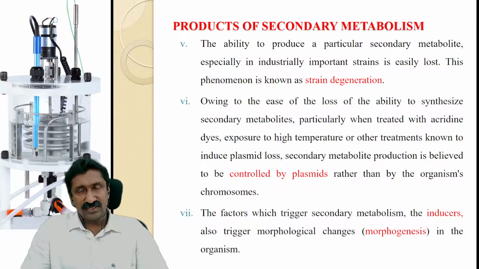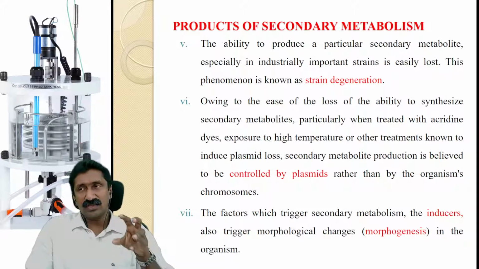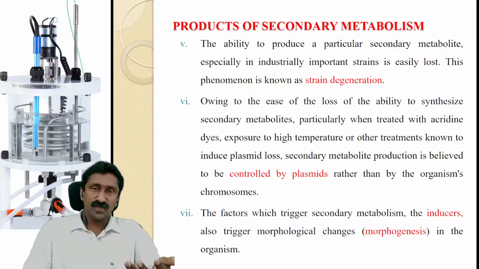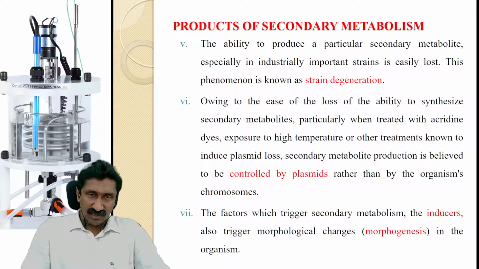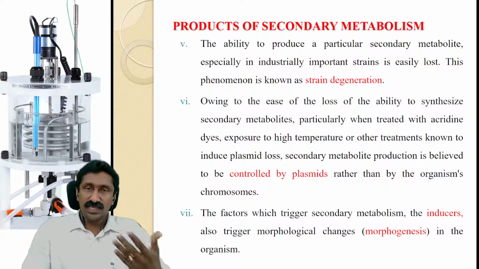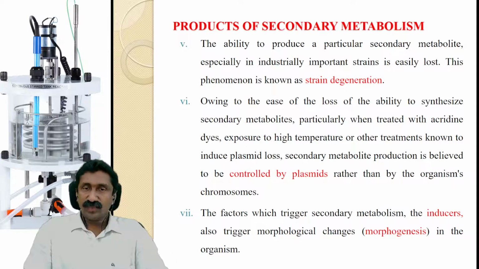And that is due to the loss of the genes or control elements that are required for the production. So it is known as strain degeneration. So if an industrially important strain loses its ability to produce a secondary metabolite, then that is known as strain degeneration. So such secondary metabolite producing strains were subjected to strain degeneration.